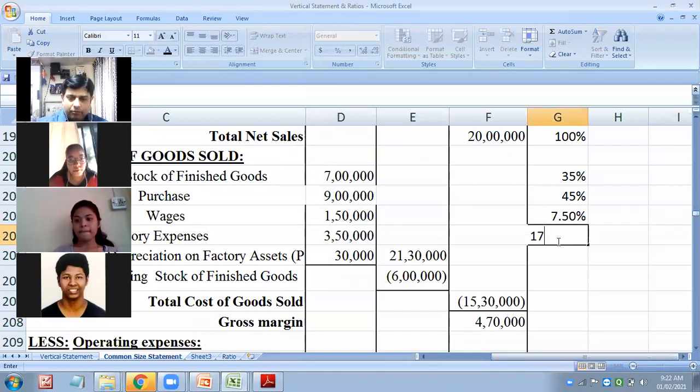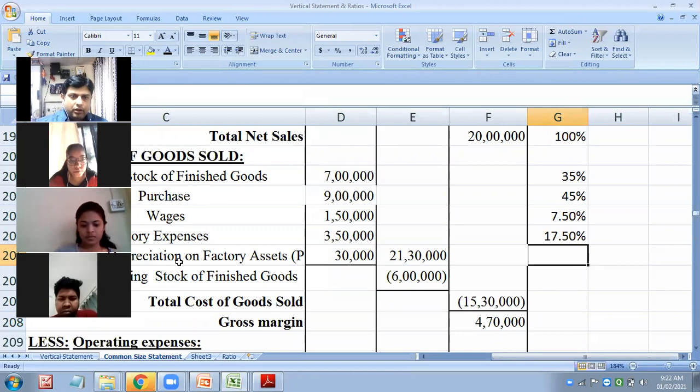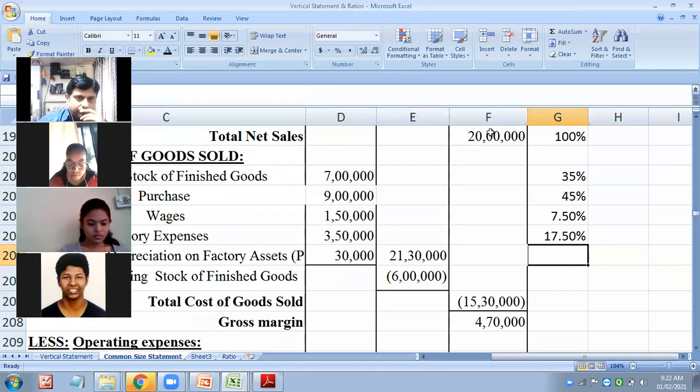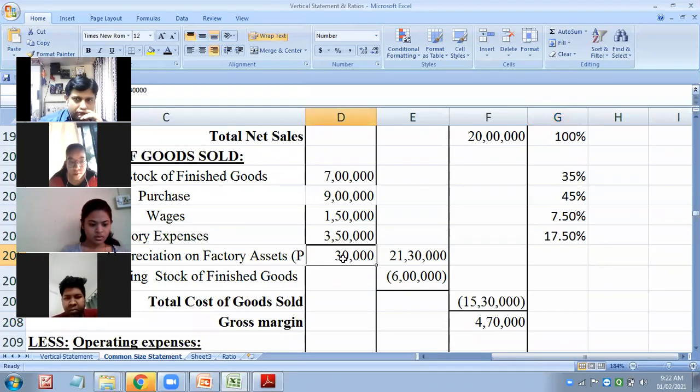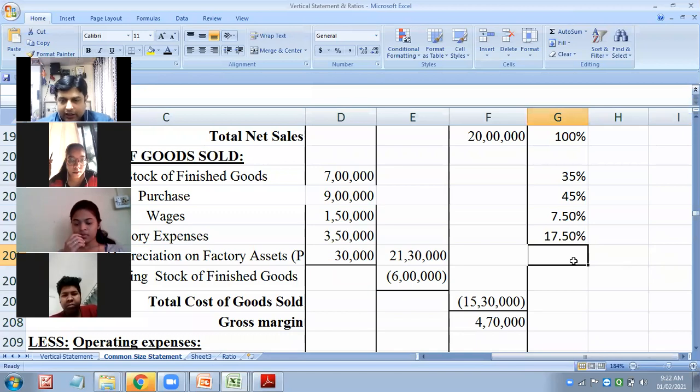It is 17.5%. Then depreciation is only 30,000. 30,000 divided by 20 lakhs into 100. 15% is not possible. 1.5% is the right answer.